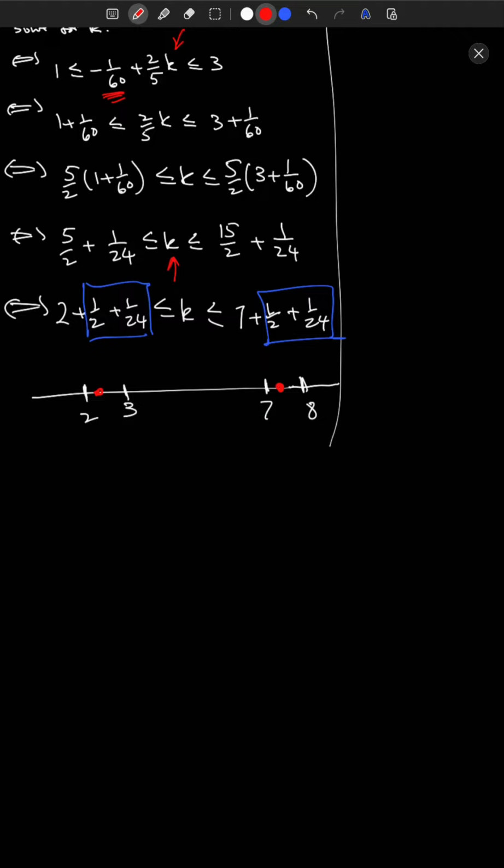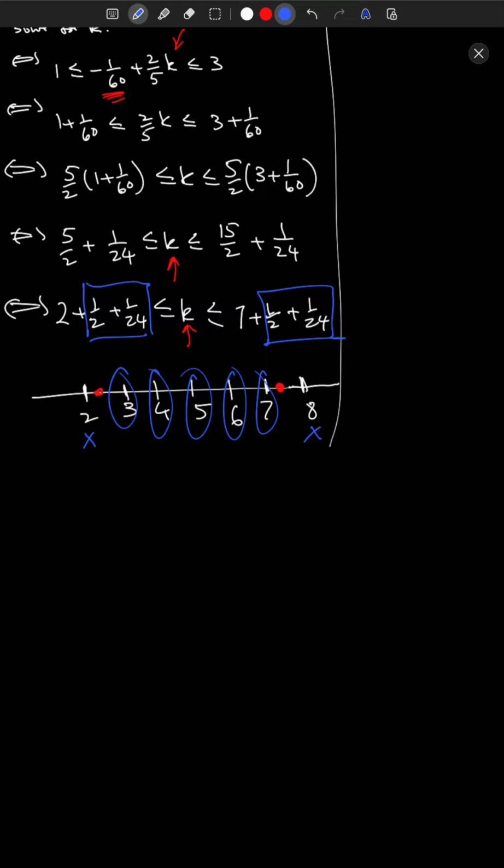Okay, now why is this so useful? Well, again, because k is an integer, it has to be a whole number, right? So k could be 3, and then I have 4, 5, 6. So k could be 4, could be 5, could be 6, could be 7. It cannot be 8, right?